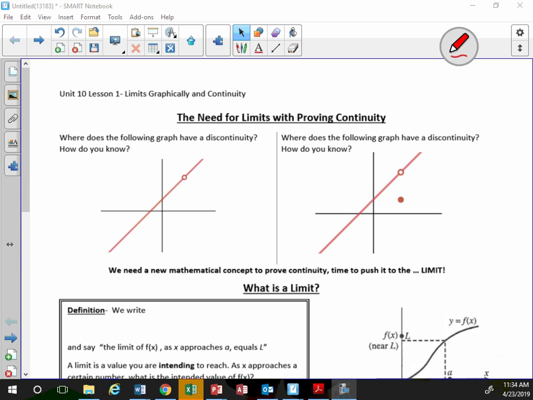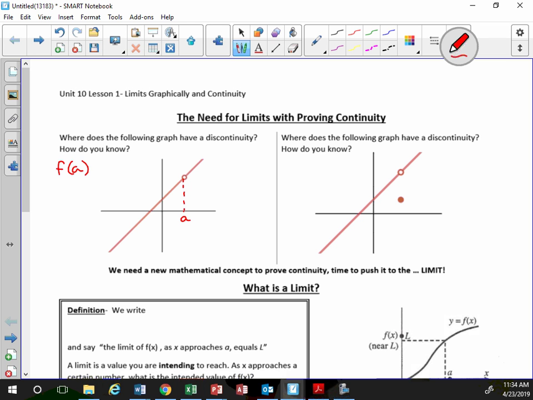Okay? So the first one here, I'm going to say that's A, and I would say f of A is undefined. Okay, so there's not a function value there.